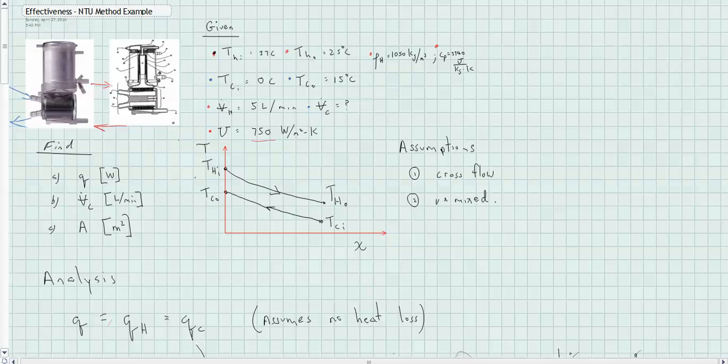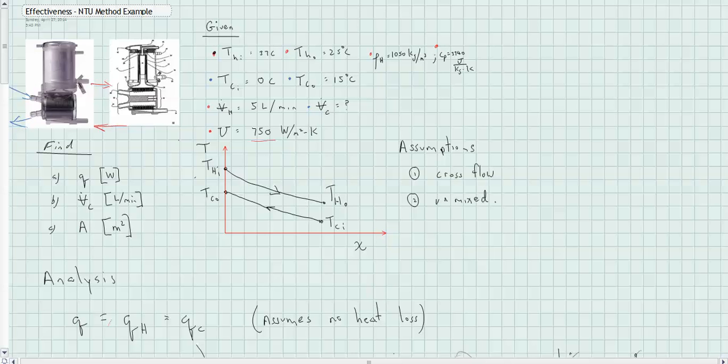Try to visualize, in particular, the temperature versus flow behavior here, right here. This is where you want to focus. I should say temperature versus location in the heat exchanger behavior. This high temperature enters and leaves. This cold temperature enters and leaves. A physical visual can also help.